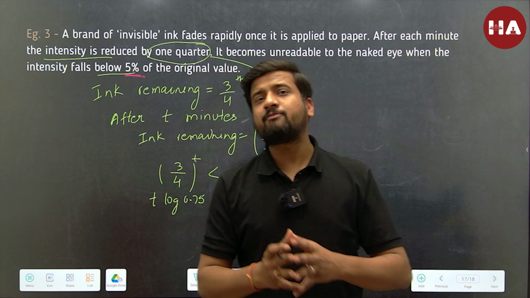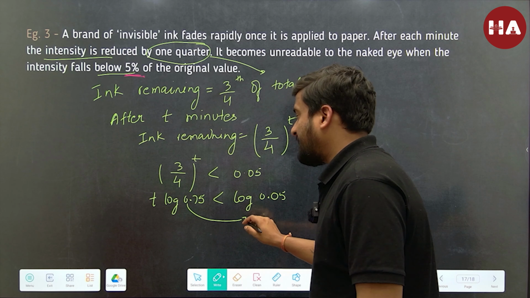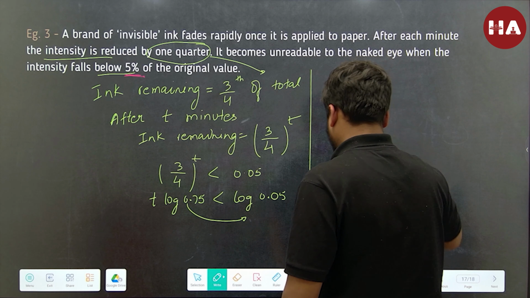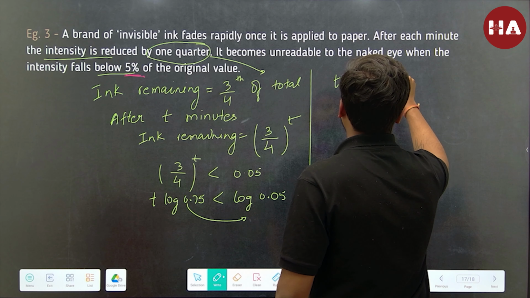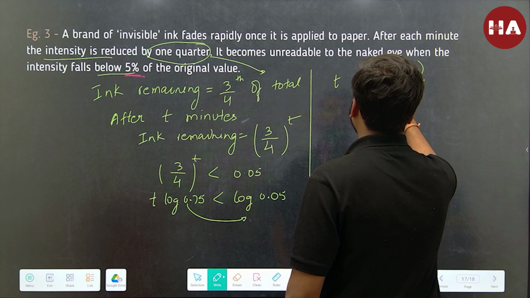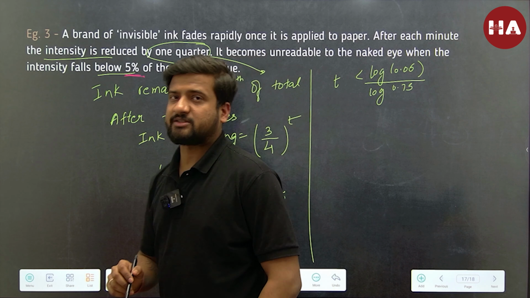Now what people mess up here is, they take this log 0.75 and write t is less than log 0.05 divided by log 0.75 like this. But here's the mistake.